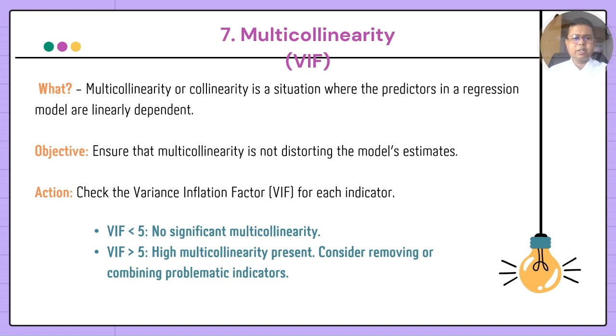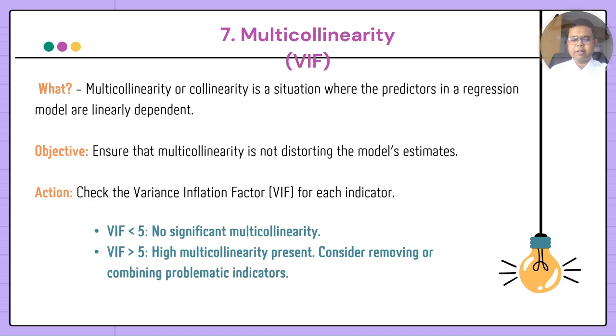Multicollinearity or collinearity is a situation where the predictors in a regression model are linearly dependent. We'll learn this when we practice. The objective is to ensure that multicollinearity is not distorting the model's estimates.